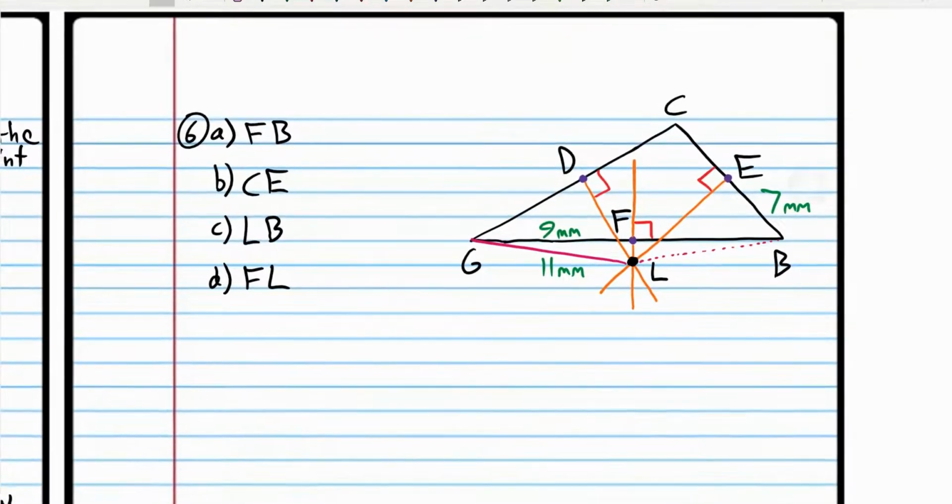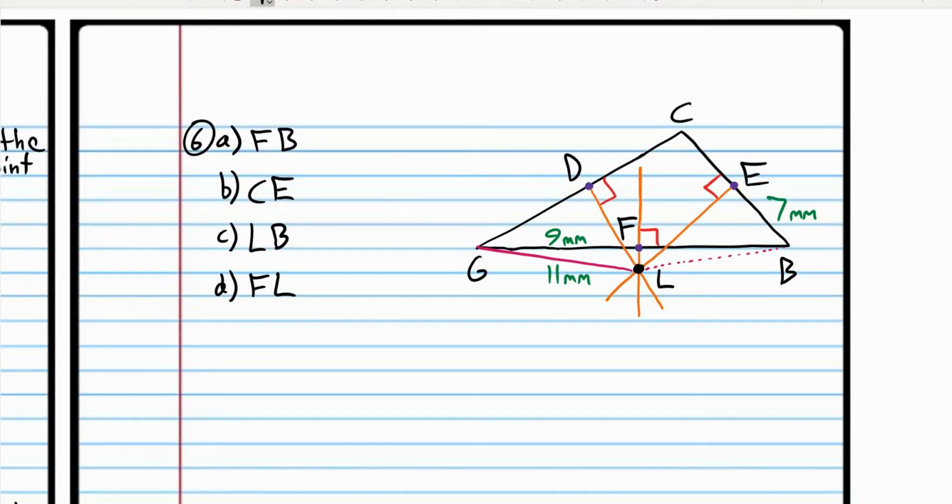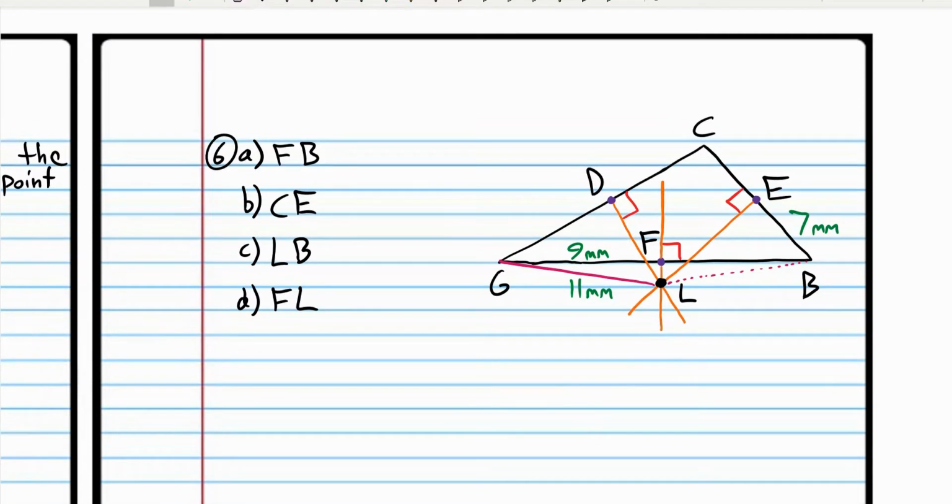This is an example where the circumcenter is actually outside the triangle. We're looking for FB. We know that FG is 9 millimeters, and again, the same logic. We're told that point L is the circumcenter.